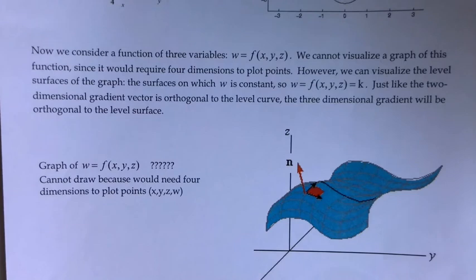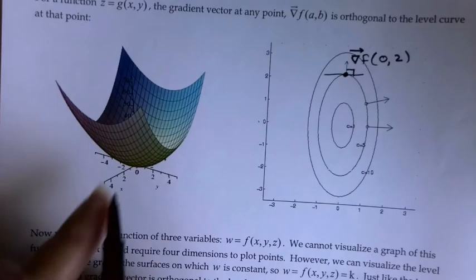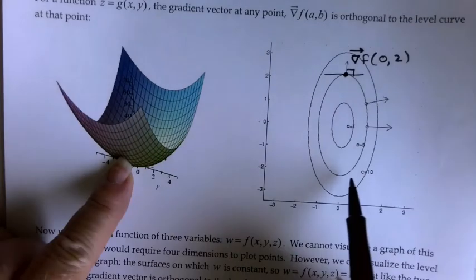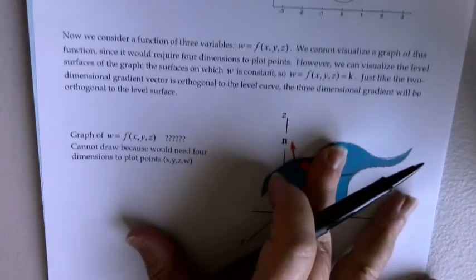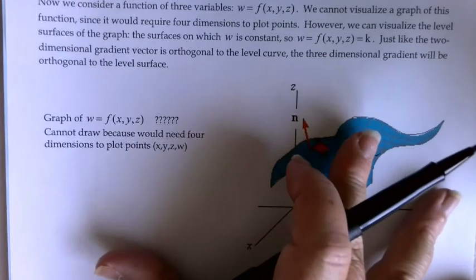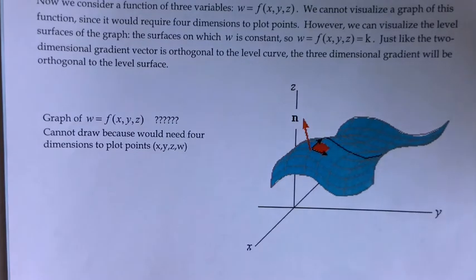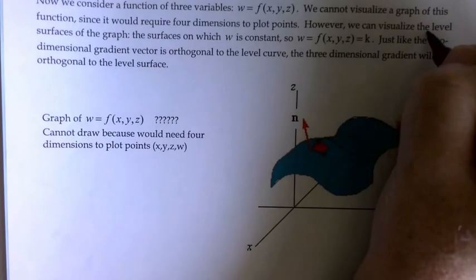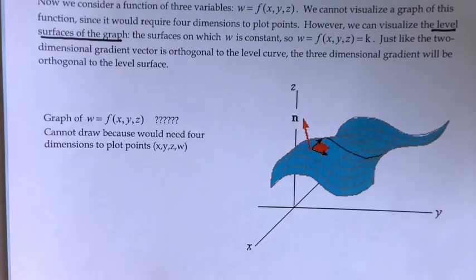However, if you can accept that if there were a graph, we could slice it through, just like we did with the level curves before, but instead of going from a three-dimensional graph to two-dimensional level curves, we would be going from a four-dimensional graph to three-dimensional level surfaces.